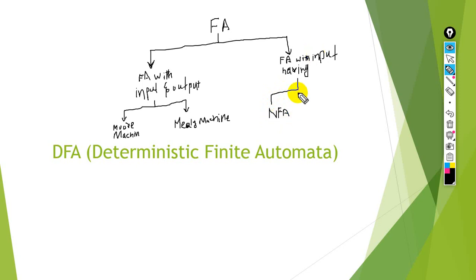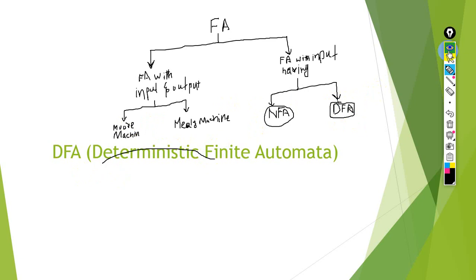The second one without output is DFA, deterministic finite automata. All the previous lectures, including the FA diagrams, were NFA. Now we will discuss this portion, DFA, and the other two will be discussed in the coming lectures.